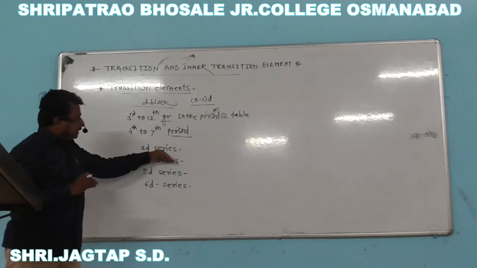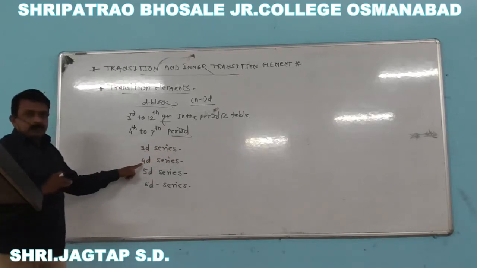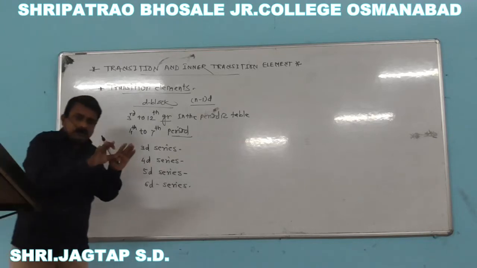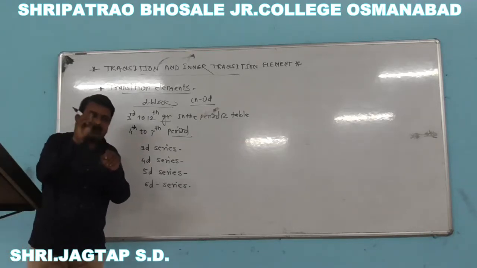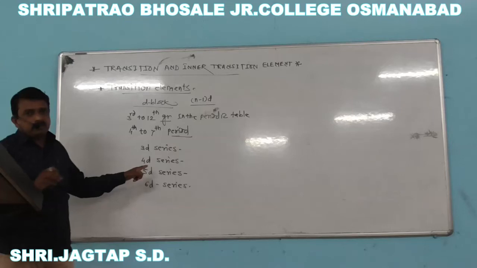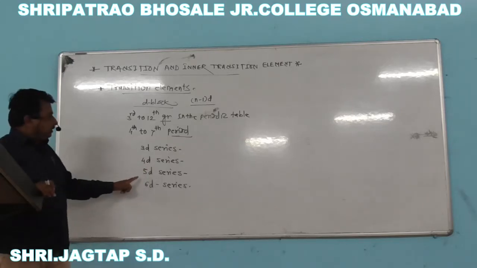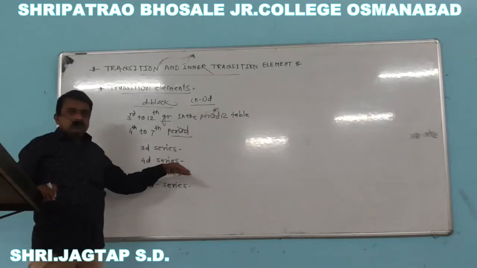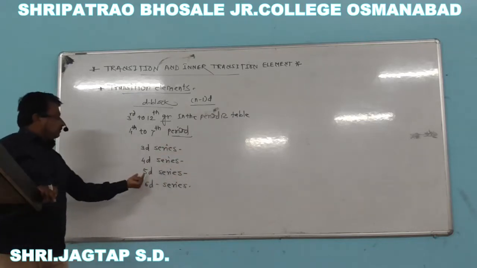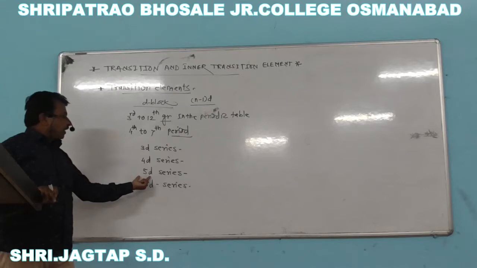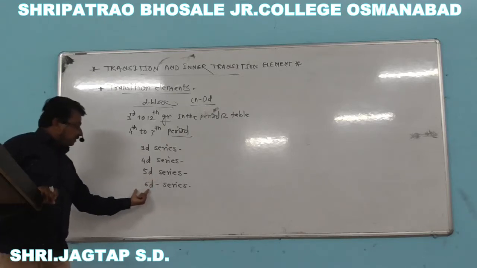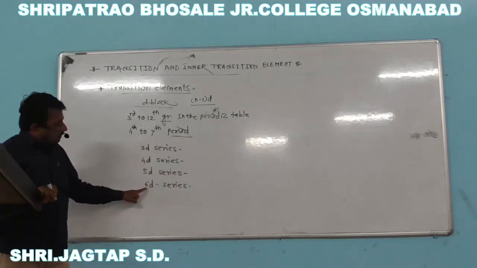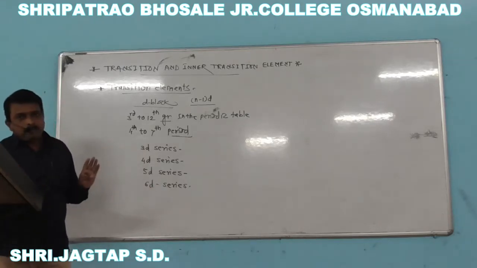In the 4d series, the principal quantum number is 4, that is, the last differentiating electron of all these elements enters into the 4d orbital. Similarly, in the 5d series, the last differentiating electron enters into 5d orbitals, and here the last differentiating electron enters the 6d orbitals.